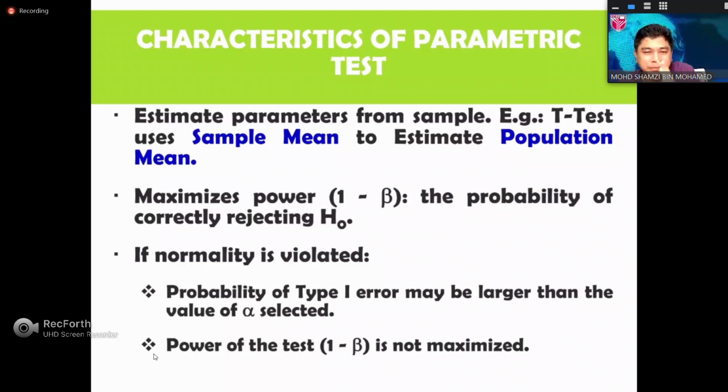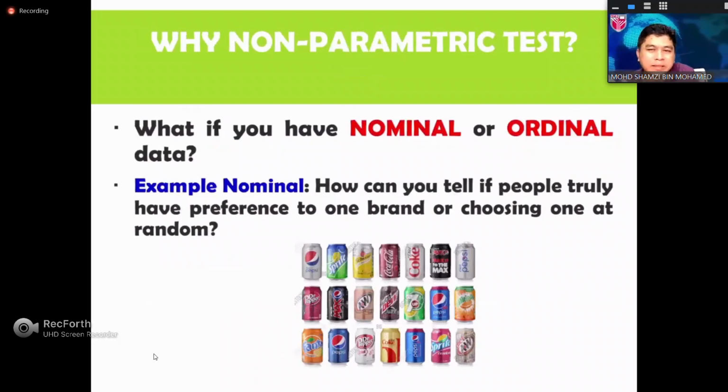Now, why non-parametric tests? Just to recall from the last few slides, what if you have nominal or ordinal data? For example, this slide. How can you tell if people truly have a preference for one brand or are choosing one at random? This is a collection of soft drinks.